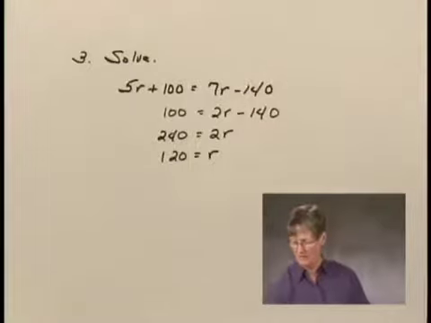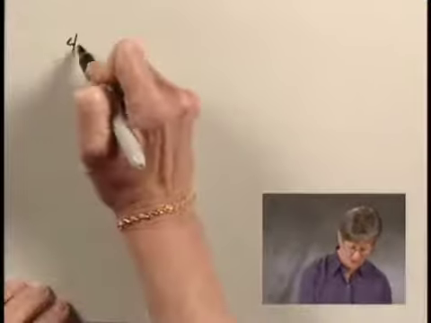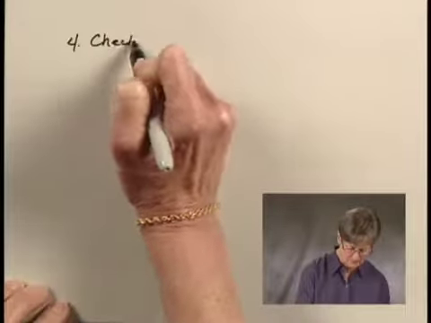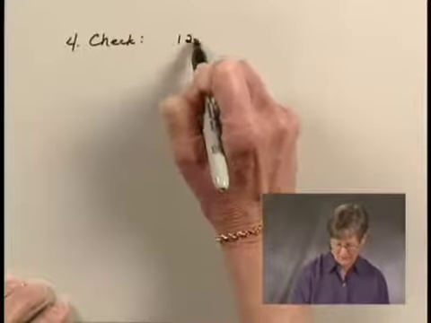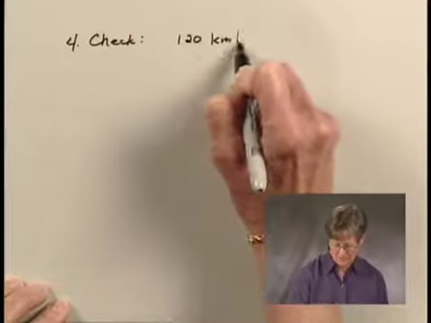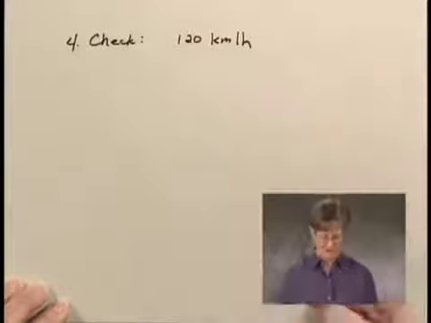So let's go to the fourth step in the process, which is to check the solution in the original problem. Now, we're checking the plane's speed in still air of 120 kilometers per hour.